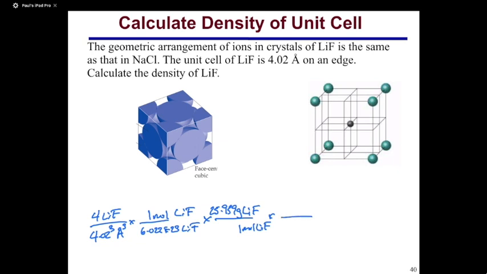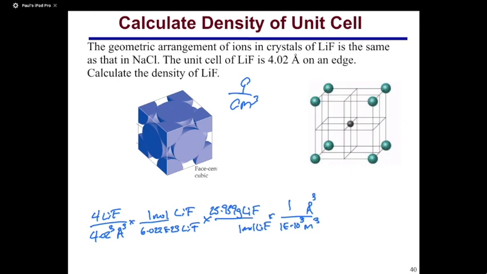I've got grams on top. I now have grams per cubic angstrom. Is that good? No, it is not. Because I have to have a density in what? Grams per cubic centimeter. All right. Can you remember cubic angstrom can be changed into cubic meters? How? 1 angstrom is 1 e to the minus 10. But that has to be cubed. Okay?